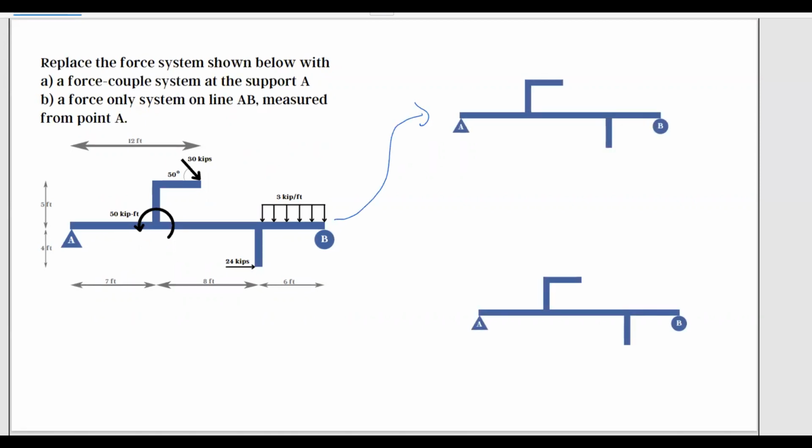First, this is going to be option A. We have to come up with an equivalent system that has a force and a moment about point A, where the resultant moment and resultant force in this system number two, I'll call it, is equal to the resultant force and moment about point A in system number one.